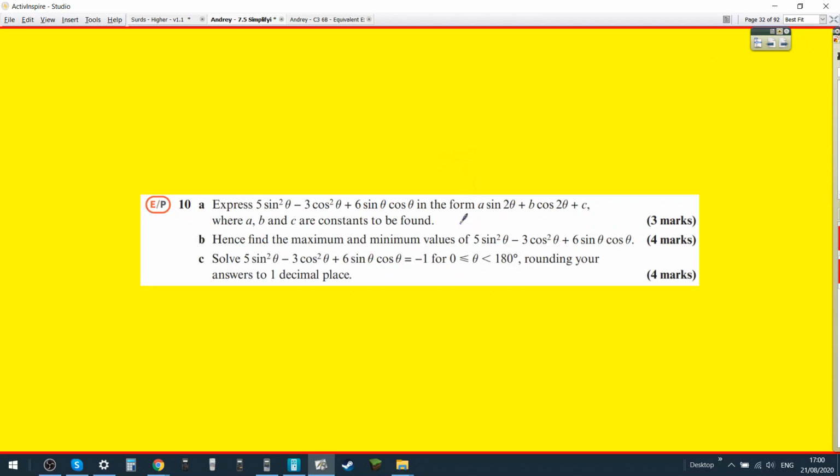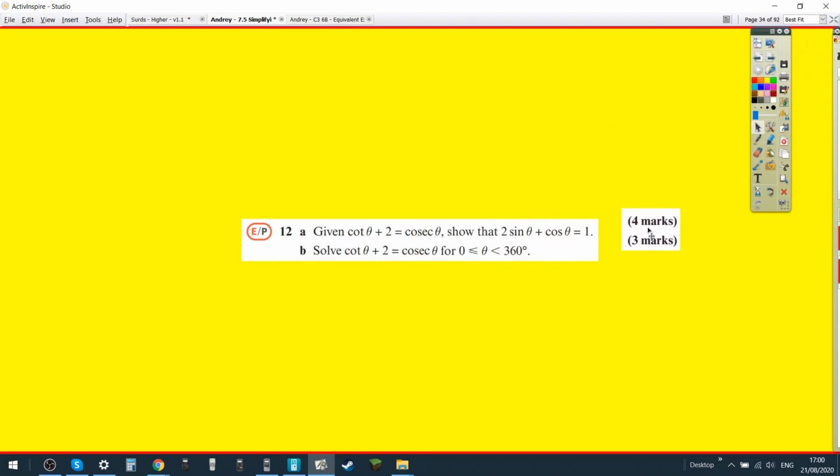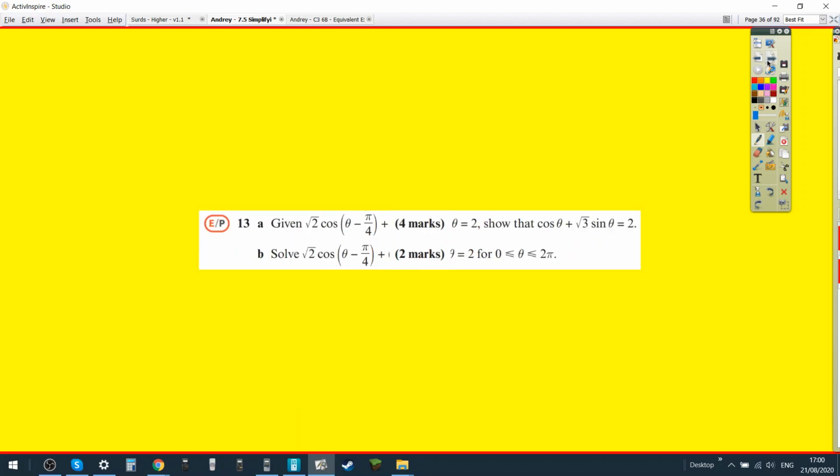Find the minimum and maximum and solve it. So you just put it in the form of r sine theta plus alpha. I'll have a look at those, but I think they're exactly the same, even though they have 2 theta. The cosec in the form 2 sine, that's the same thing. 2 sine theta plus cos theta equals 1. You put that into the form of r sine theta plus alpha to solve it.